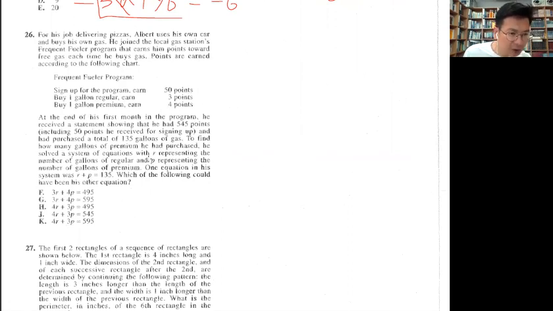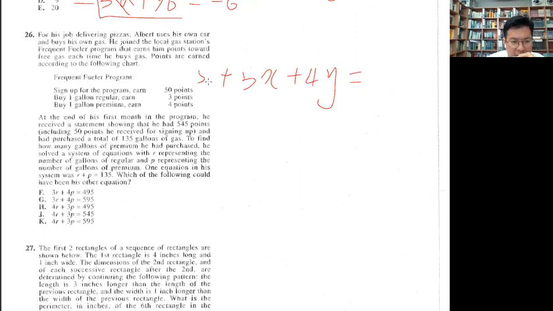The received statement showed he had this much, including points received for signing up. So let's say 3 points for X plus 4 points for Y. That is 50 plus, that is 545. So 3x plus 4y equals 495.